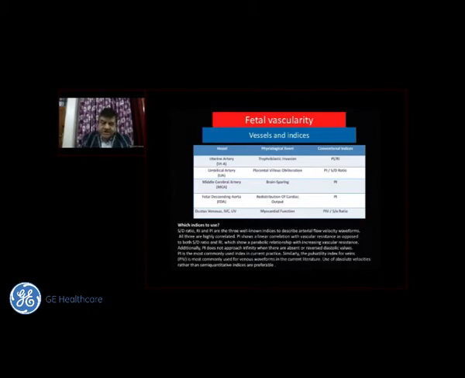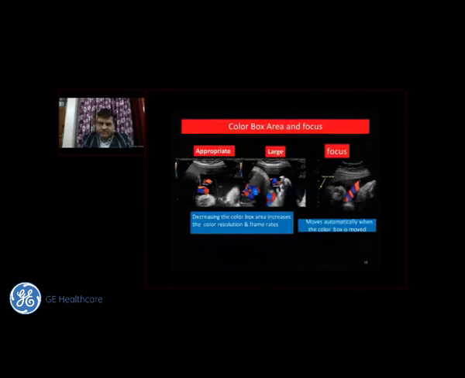Additionally, PI does not approach infinity when there are absent or reversed diastolic values, which means that even when the diastolic value is absent or very low, the PI will still give us a number. That is why PI is the most commonly used index these days, and it is a good idea to throw S/D ratios out of the window. So PI and maybe RI, if you still insist on RI, are good enough.